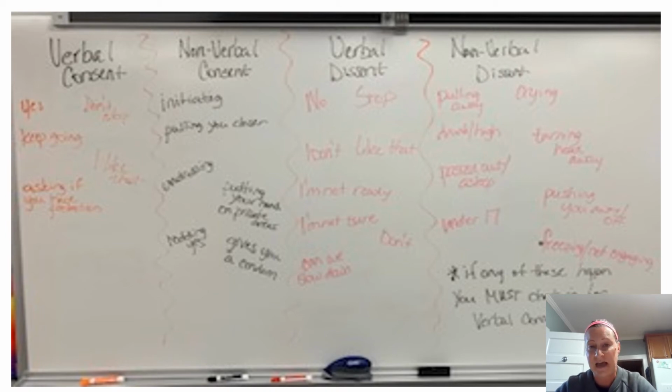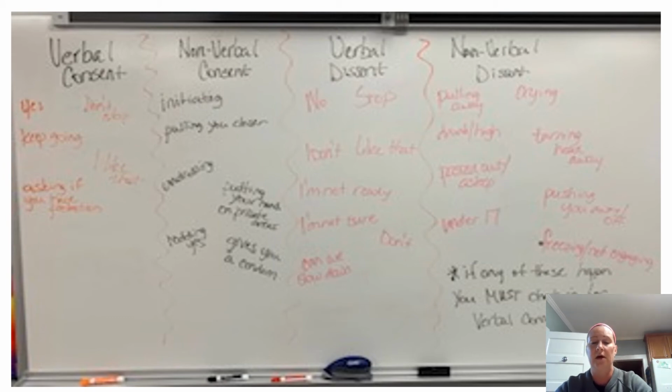Verbal dissent would be: no, stop, I don't like that, I'm not ready, I'm not sure, can we slow down? And nonverbal dissent might be pulling away, crying, being drunk or high, being under the age of 17, pushing you away or trying to get away from you, or turning their head if we're kissing.